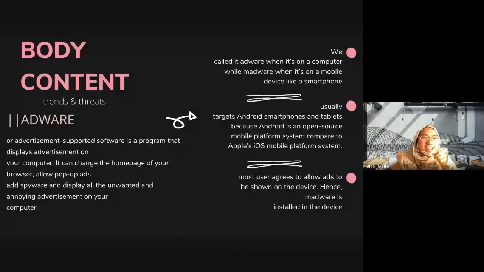Mobile adware collects data from the device so they can spam the user with ads. And they usually target Android because Android is an open source mobile platform system. Compared to Apple iOS, iOS is more secure than Android.